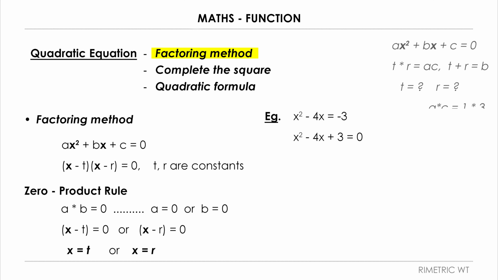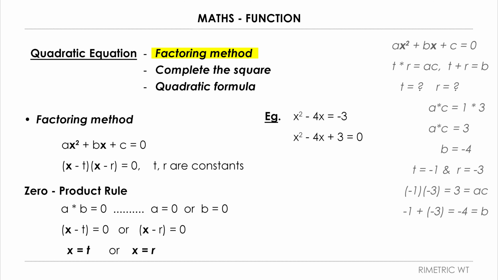So our ac equals 1 times 3, which is 3, and b will be minus 4. The numbers we're looking for are negative 1 and negative 3, where negative 1 times negative 3 equals 3, which is equal to our ac, and negative 1 plus negative 3 equals minus 4, which is our b.